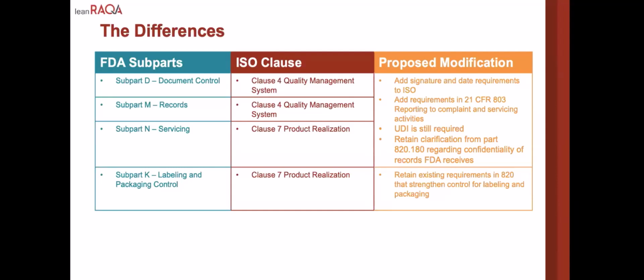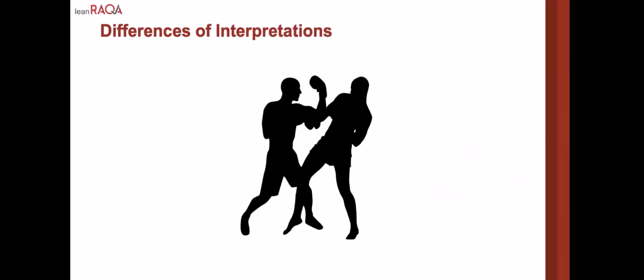The UDI is still going to be required. They are going to retain the clarification from Part 820 regarding the confidentiality of records that the FDA receives during an inspection. And then they are also proposing to retain the QSR requirements for labeling and packaging.